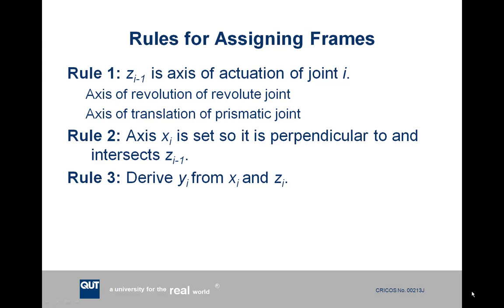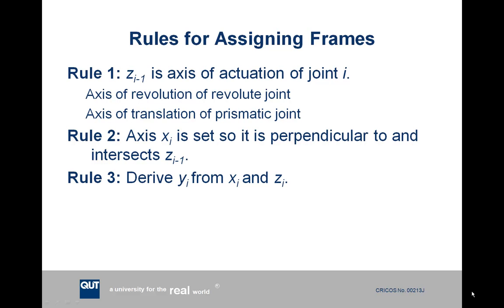So rule number 1 is that the Z(i-1) axis is the axis of actuation of joint number i. So if it's a revolute joint, then the axis Z becomes the axis of revolution of that joint. If it's a prismatic joint, then the axis of translation is represented by the Z(i-1) axis.